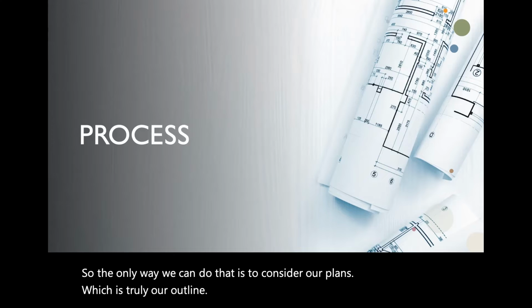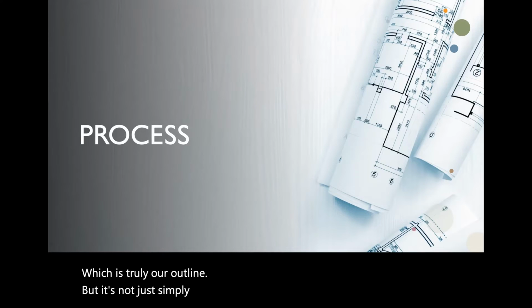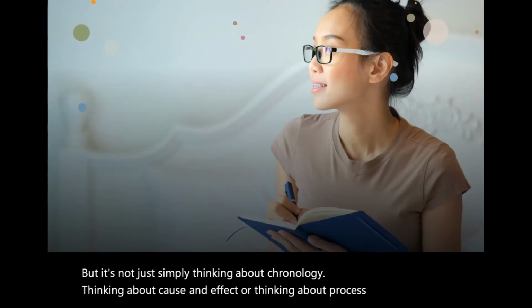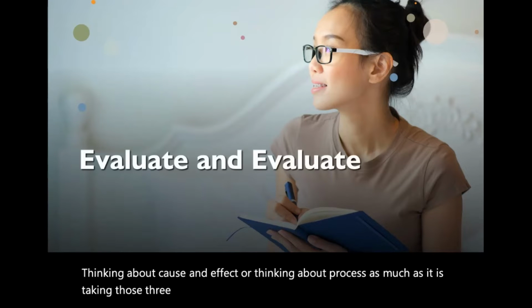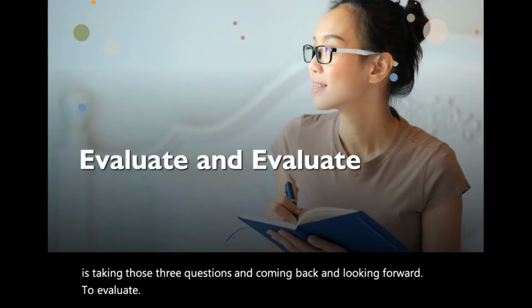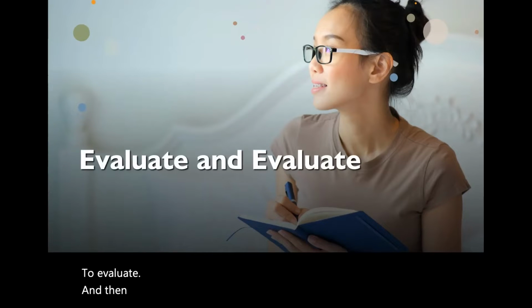But it's not just simply thinking about chronology, thinking about cause and effect, or thinking about process, as much as it is taking those three questions and coming back and looking forward to evaluate, and then look backward based on the evaluation to ask, can I move this information forward?